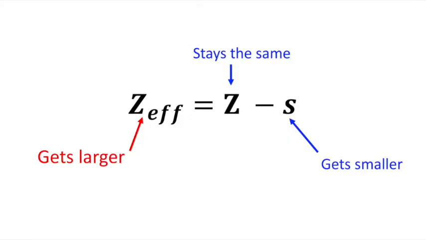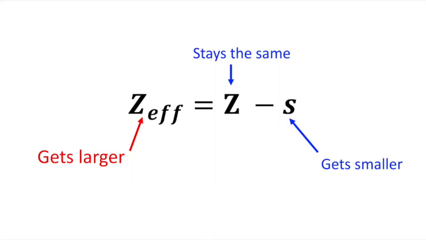Another thing you need to know is that there is a higher ionization energy for each successive ionization. And this means that every time you pull off an electron, there are fewer electrons left to repel each other, and yet the number of protons attracting the electron stays the same.